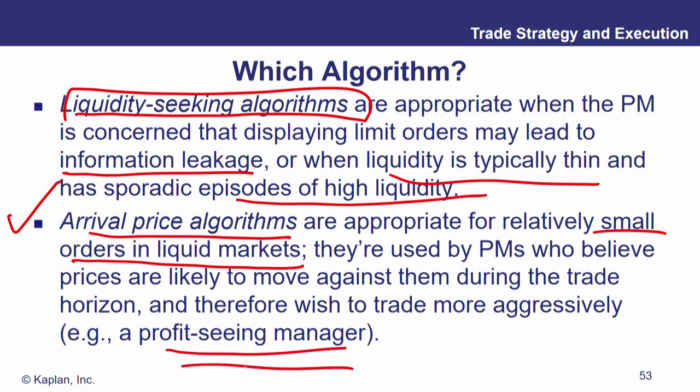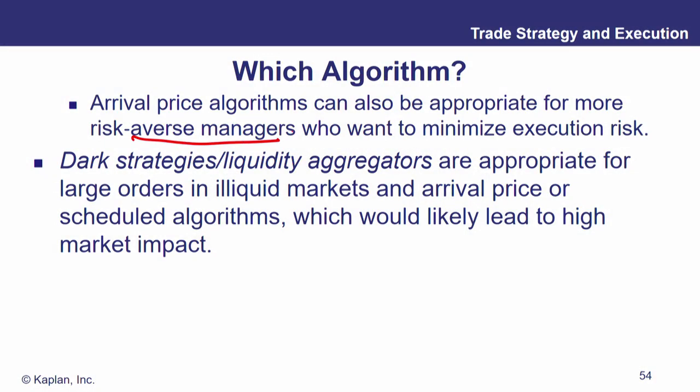So these are profit-seeking managers. They're very concerned about the price, and they're worried the market is going to move against them. Okay, arrival price algorithms can also be appropriate for risk-averse managers who simply want to minimize the risk of not getting executed, or execution risk, or not getting this order filled.